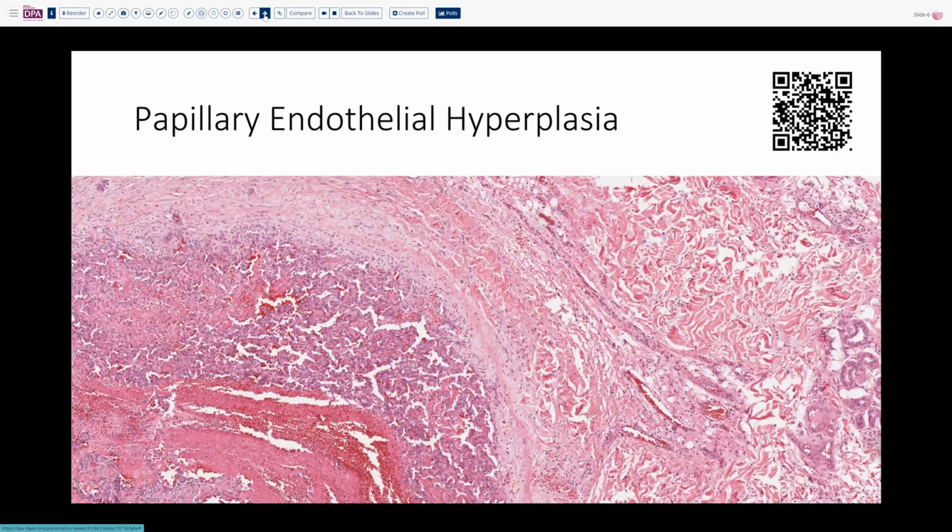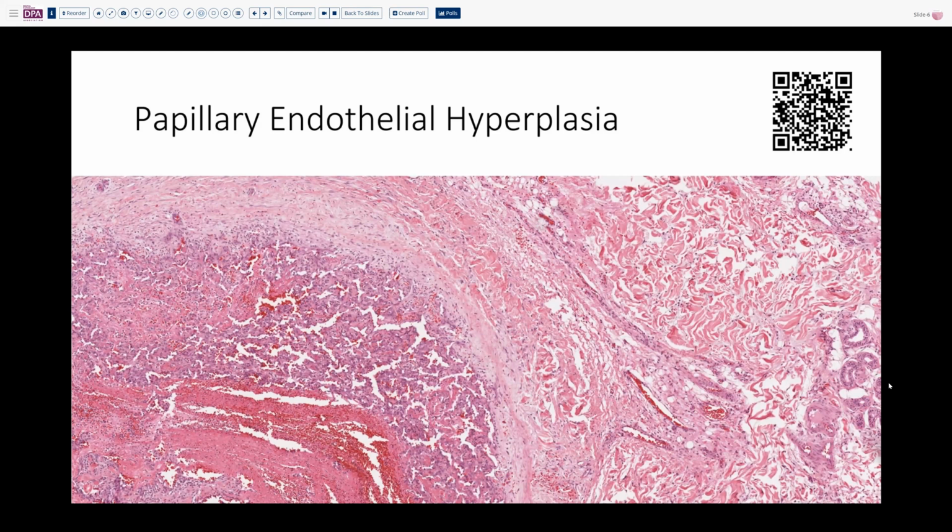So let's start here with the Masson lesion, papillary endothelial hyperplasia. This is a lesion that can arise in both normal or a dilated vessel, usually a vein. And it's most common in the fingers or in the head and neck, so it's usually kind of acral, peripheral.